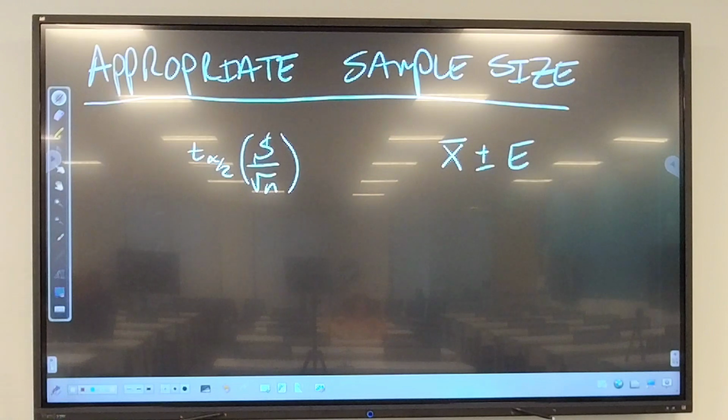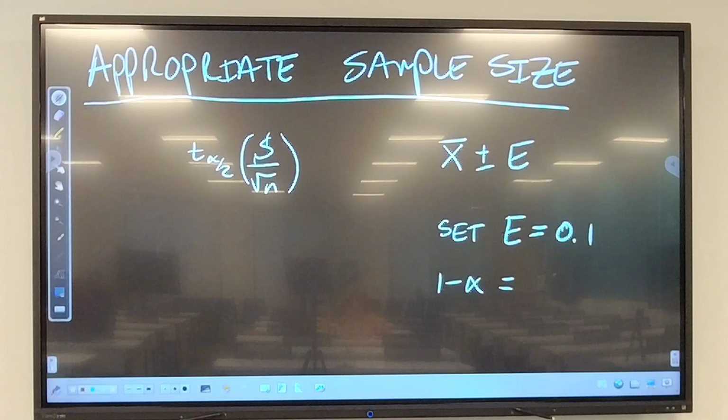I say I want that interval to be no wider than 0.1. I set this. And I decide that I want my confidence level to be 90% or whatever.